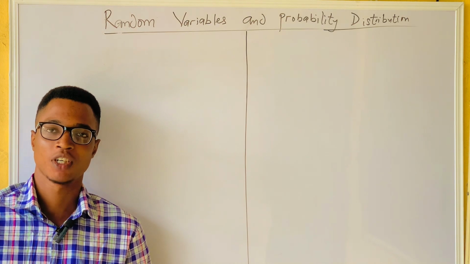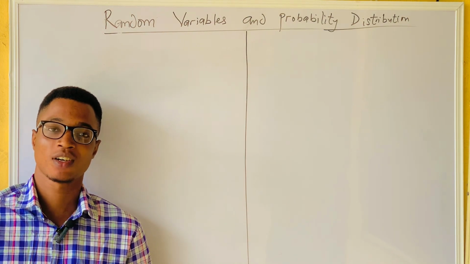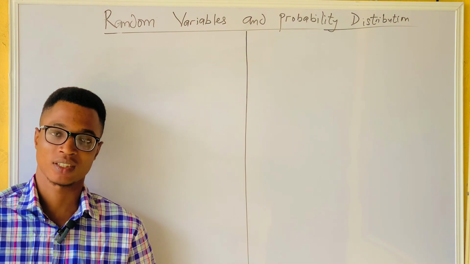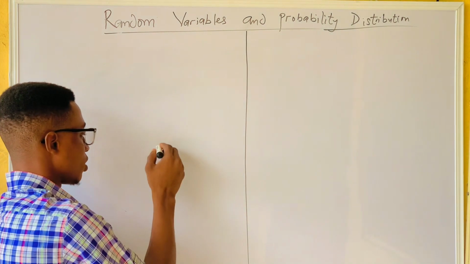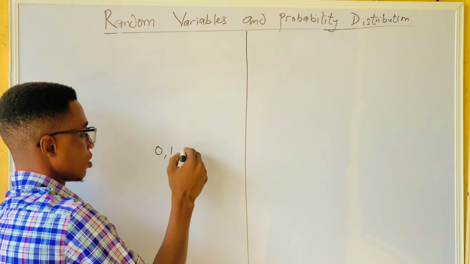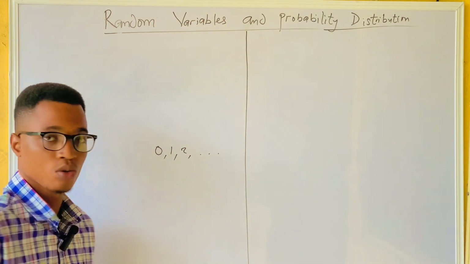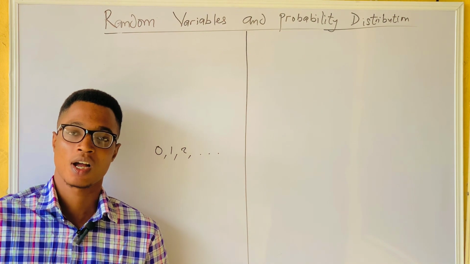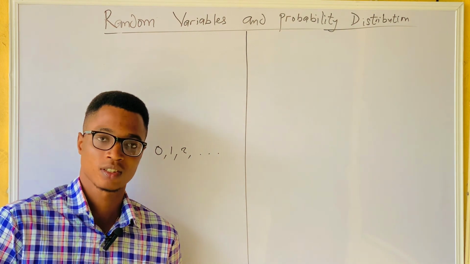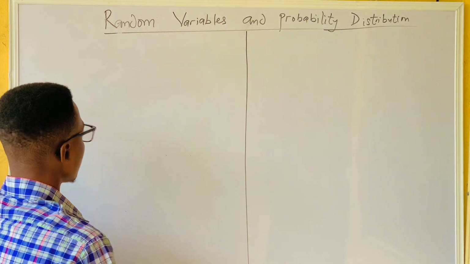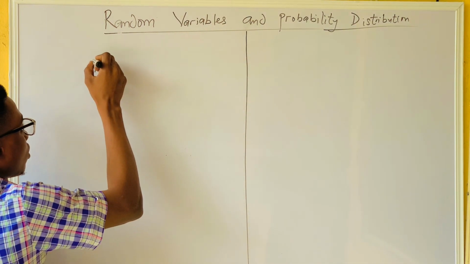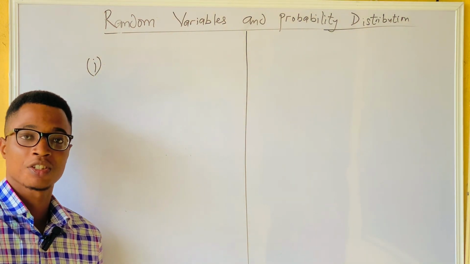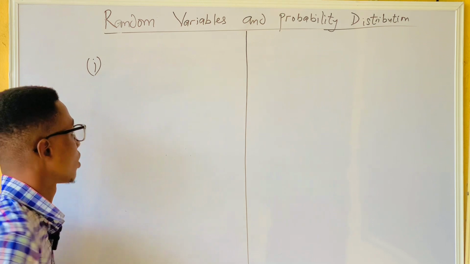A discrete random variable is one which may take only a countable number of distinct values or numbers, such as 0, 1, 2, and so on. A discrete random variable has just two properties. All these properties are to be satisfied as far as the discrete random variable is concerned.